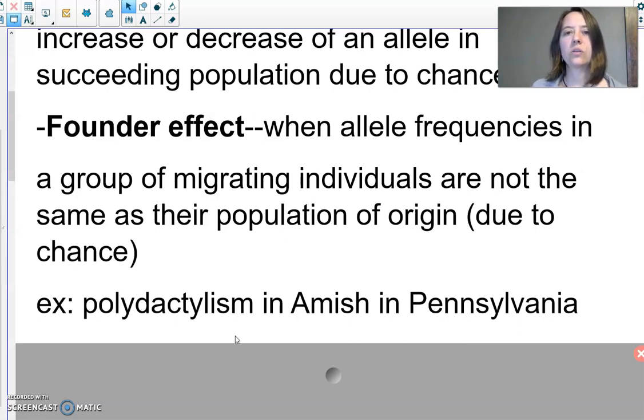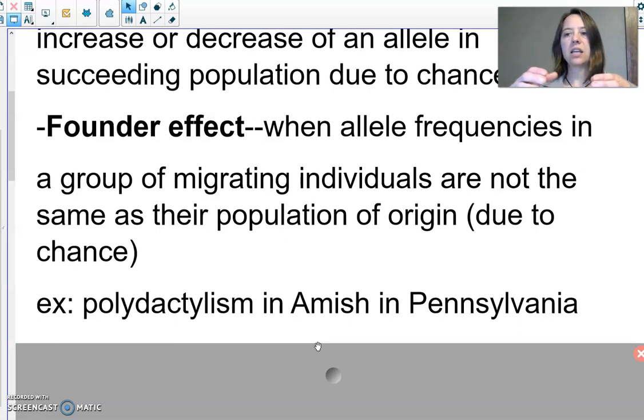A small group of Amish came from Europe and settled in North America. Pennsylvania has a large population of Amish. There was a man in some of the original Amish populations that came over, and he had a gene for polydactylism.